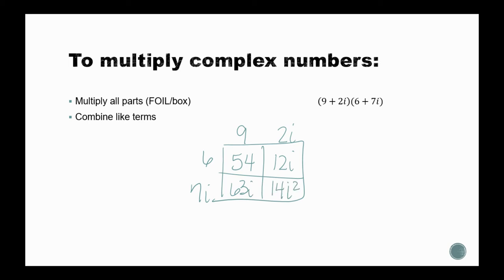Does anybody remember what i squared is equal to? Negative 1, which means that this is negative 14. The reason I like the box is because it helps you then combine like terms. So 54 plus negative 14 is 40. And 63i plus 12i is 75i.